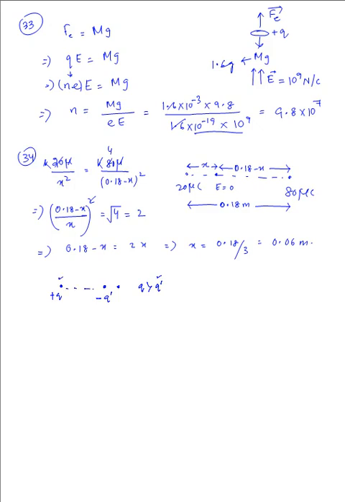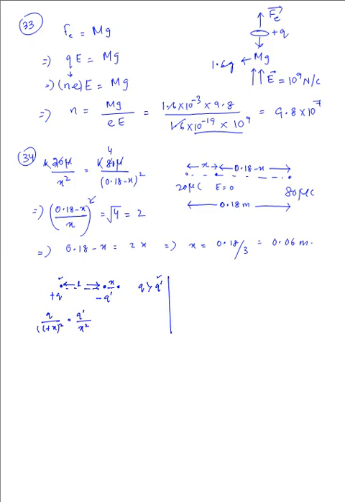There you have to add that distance when we are considering it. Let us say the distance of separation is L. So the balancing condition will be Q over L plus x whole squared, equal to Q prime over x squared. This is the first condition.